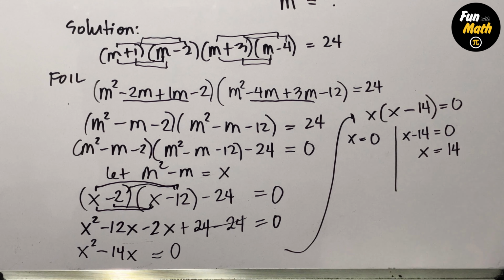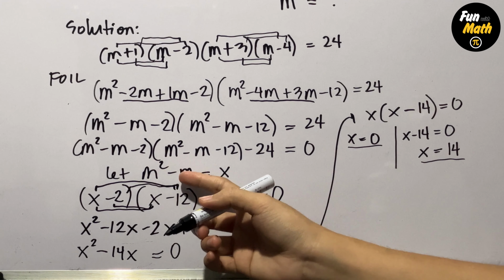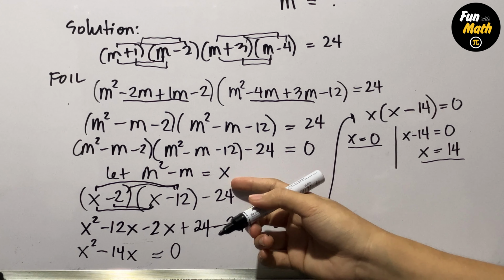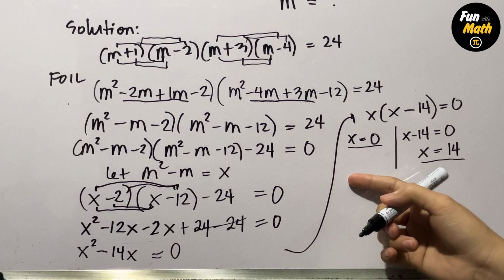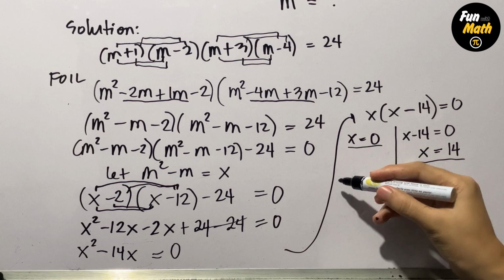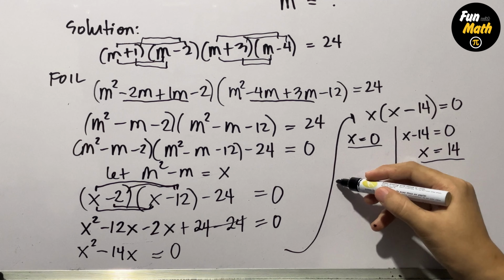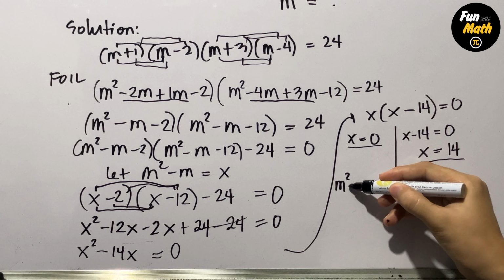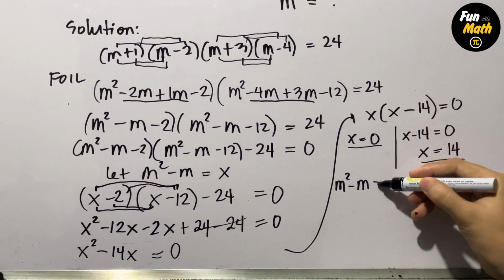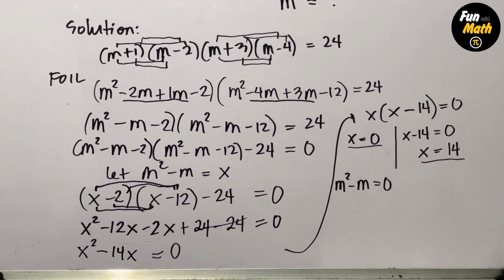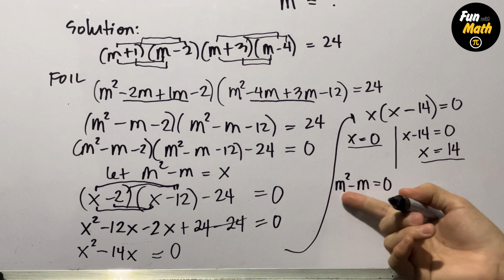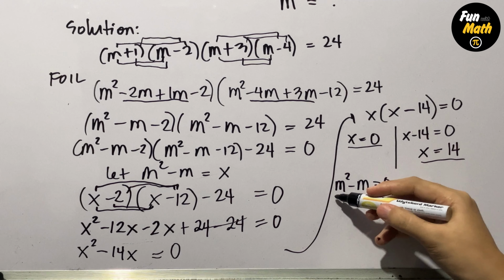Now going back, earlier we let m squared minus m be equal to x. So therefore, we can replace this. For x, we replace it with the original m squared minus m, which equals 0. And we can factor this in terms of the common factor, which is m.